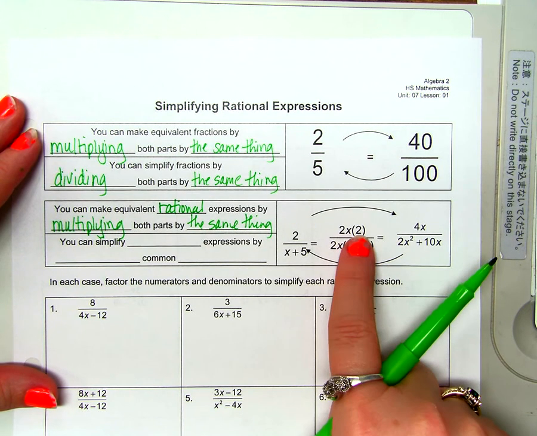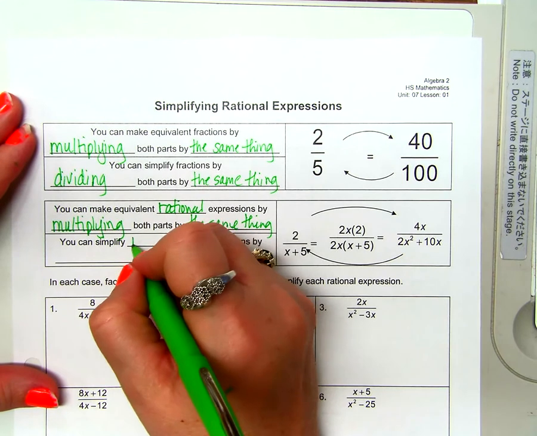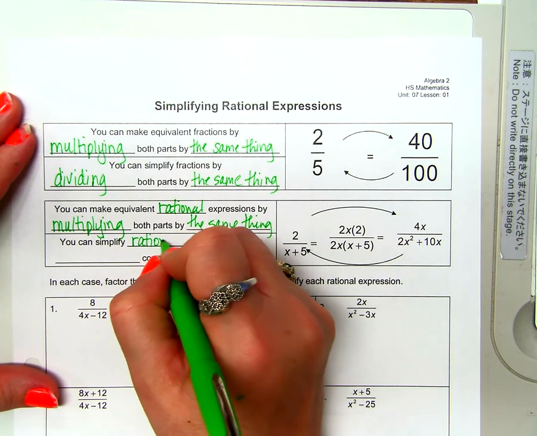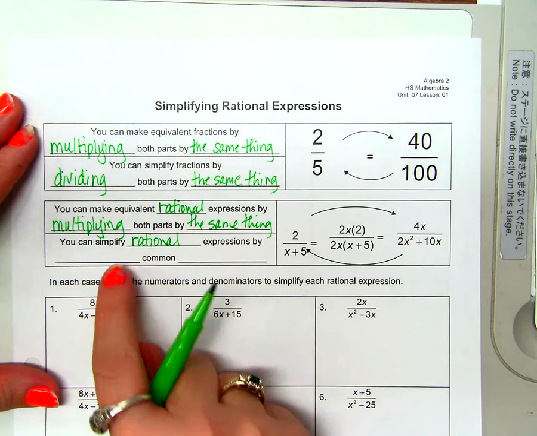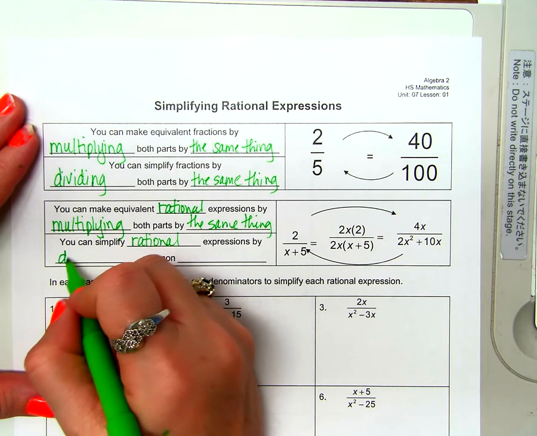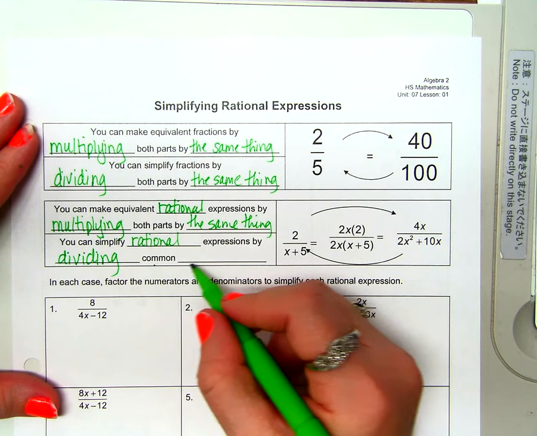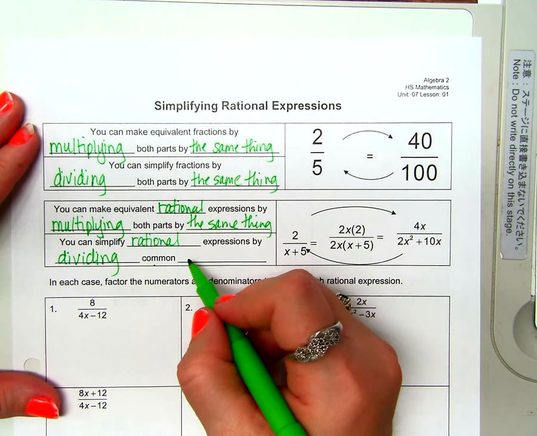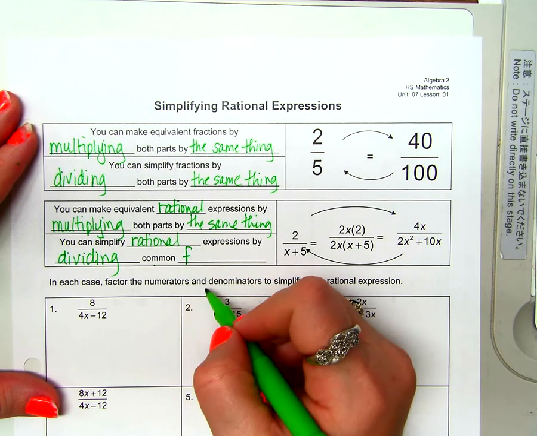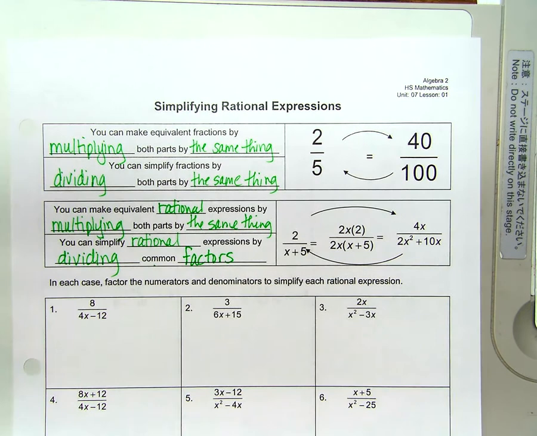And so I broke this into its two parts. So I could simplify a rational expression by, what do you think? Dividing common, close. Factors.